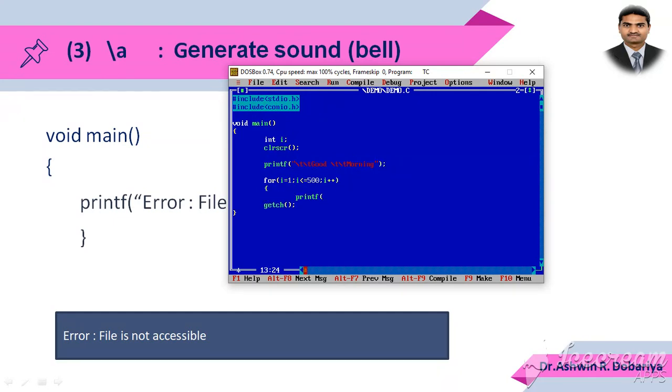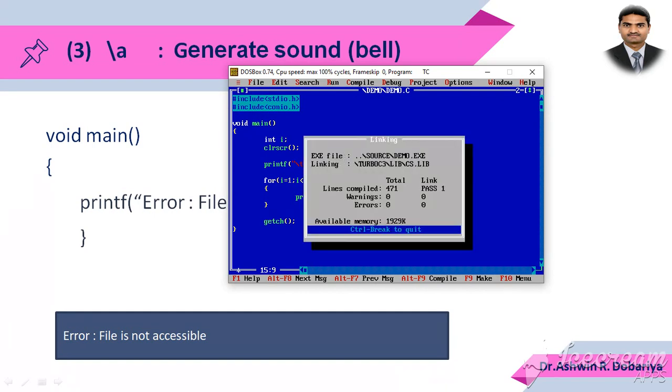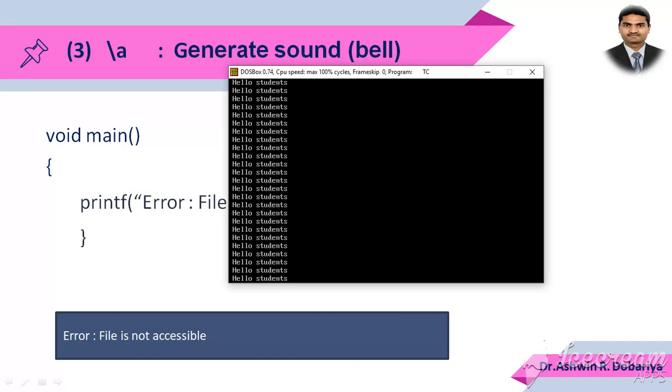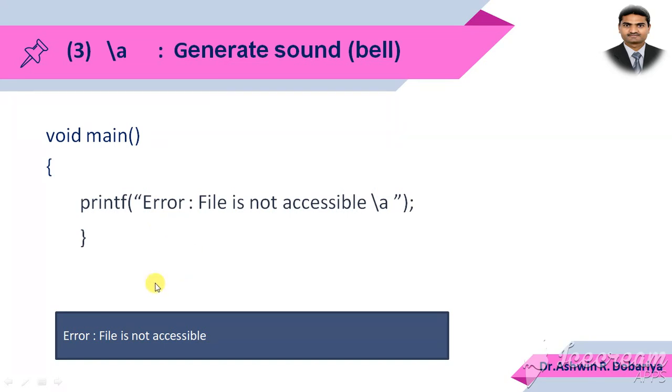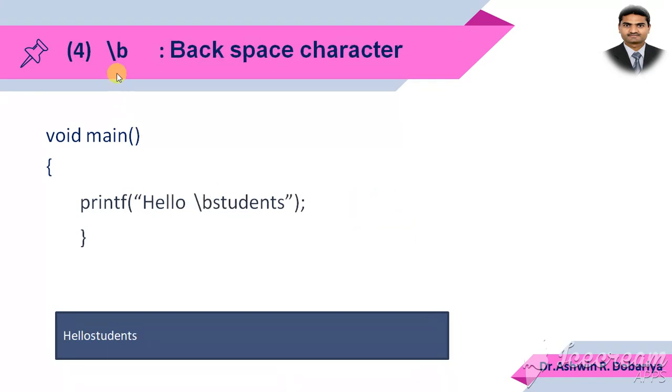In that, suppose I write a message like \n hello students, and at the end I write \a, and this loop is over, and if you execute this, Control F9, it displays 500 times hello students and also generates a beep beep beep kind of sound. You just observe the things. Right now you cannot feel the effect of this escape sequence character, but generally it is used to display the error message, right. Fourth one, \b.